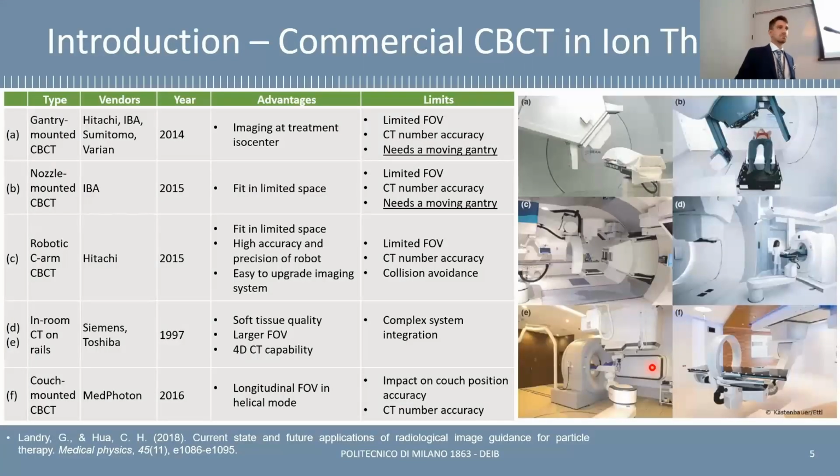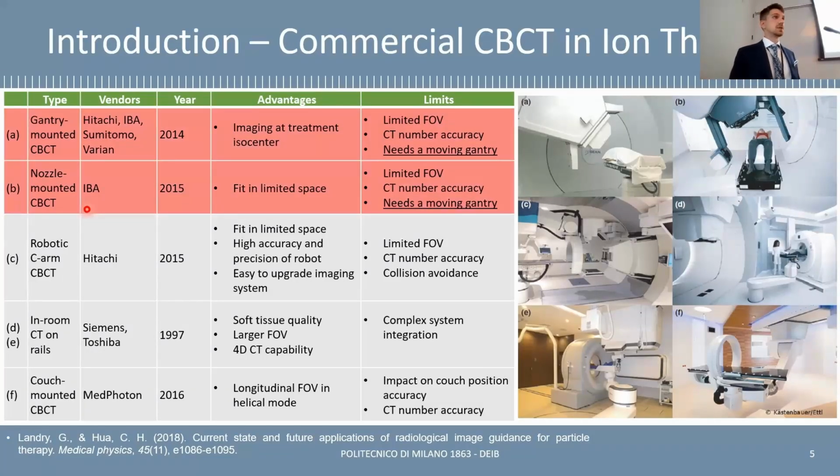At the time CNAO did a survey, there were several solutions to meet the in-room verification requirement. We have the classical options of a gantry-mounted CBCT or a nozzle-mounted CBCT, which are not an option at CNAO because, as I said, there's no rotating gantry. Then we remain with the robotic C-arm CBCT system, the in-room CT on rail, and the couch-mounted CBCT.